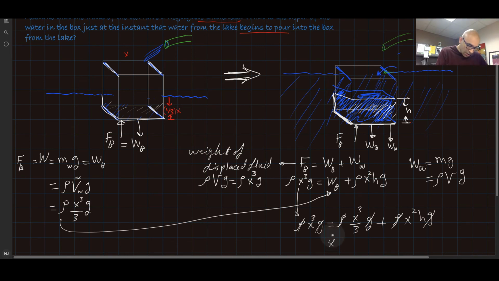x cubed is equal to x cubed over 3 plus x squared times h. The only unknown in this equation is h, because the problem tells you the dimension of the box.